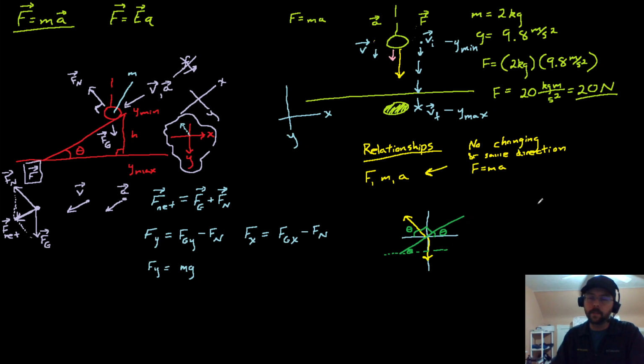So 180 equals 90 plus x, or how about let's pick a new variable, plus d, that's just a random letter, plus theta.